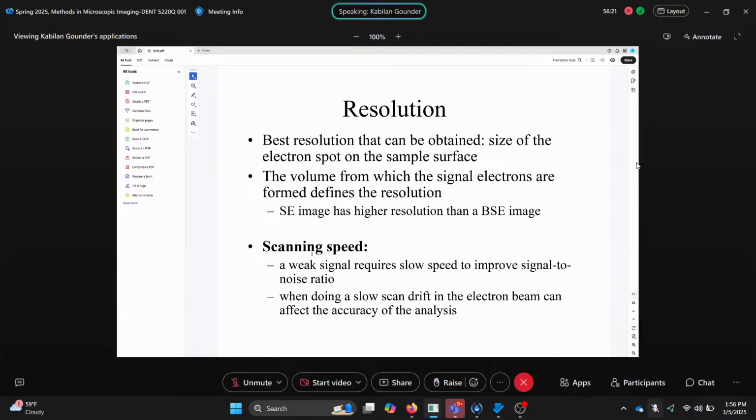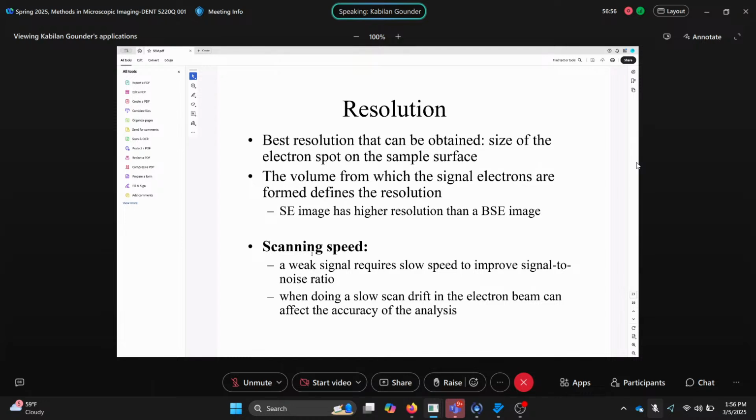Also very important is the scanning speed. The electrons start from the tungsten filament and travel to hit the sample. In the column, there are condenser lenses and an objective lens that control the path of the electrons. Once they hit, they come back and are detected by the different detectors, and you can see compositional and other images.